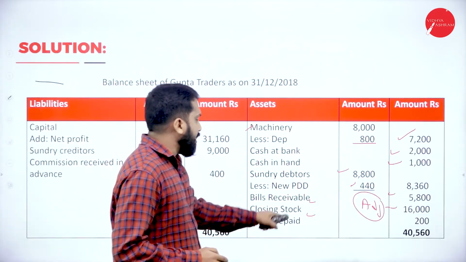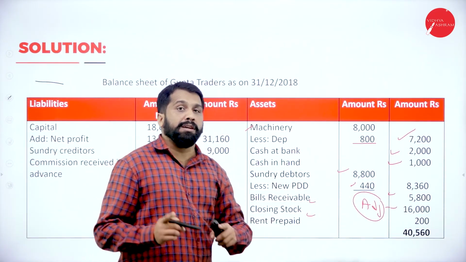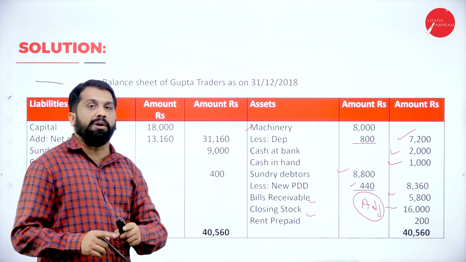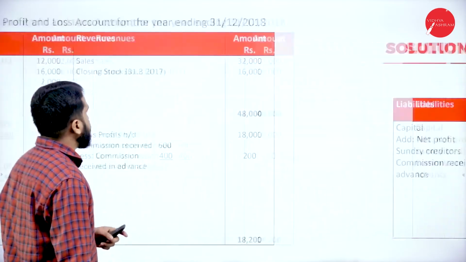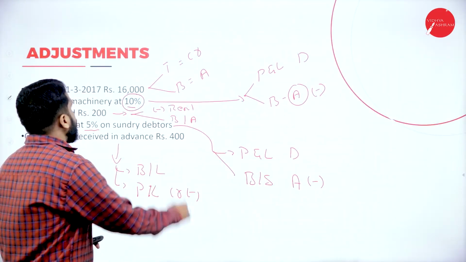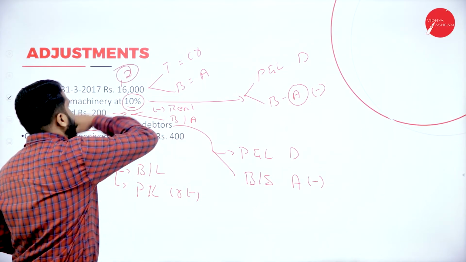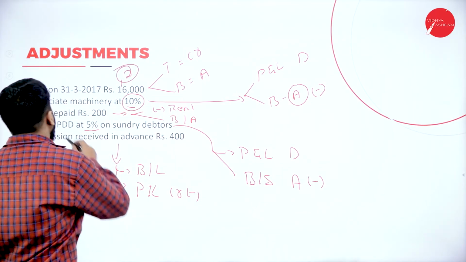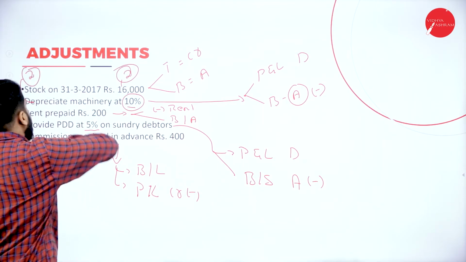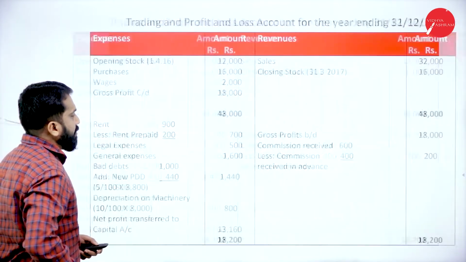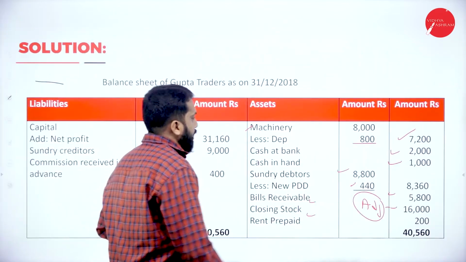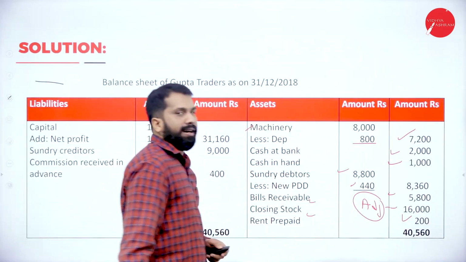Again we are taking it on the asset side. Why? Because whatever comes under adjustment, you are supposed to take twice. Your closing stock we have taken twice. Your depreciated machinery we have taken twice. Prepaid we will take twice, once there and again here on the asset side.